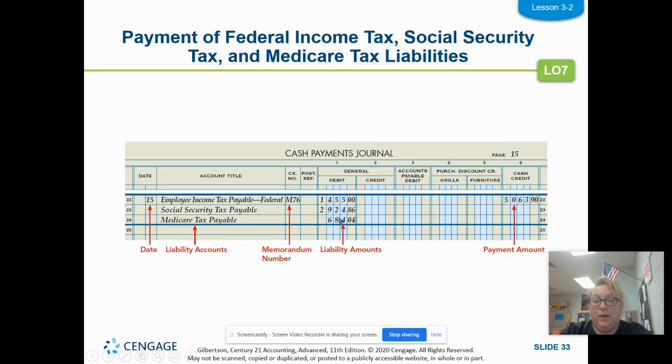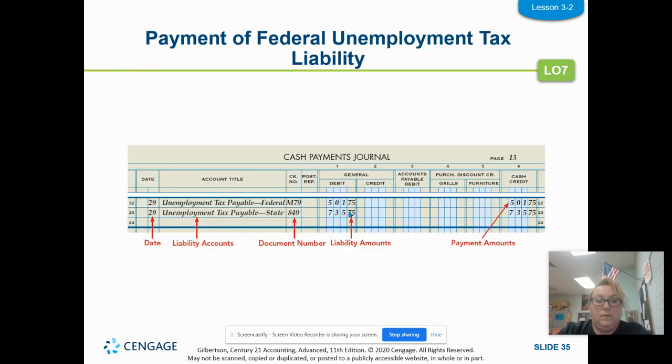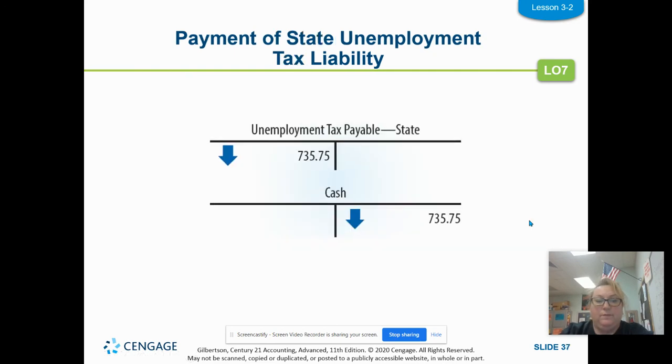Same thing here, employee and our portion. So this is the employee portion, and then our Social Security and Medicare are both. And then this is paying our federal and state unemployment taxes. Notice they're going to 2 different places, so they are 2 different transactions. Just be aware of that. Okay, people? Be aware of that.